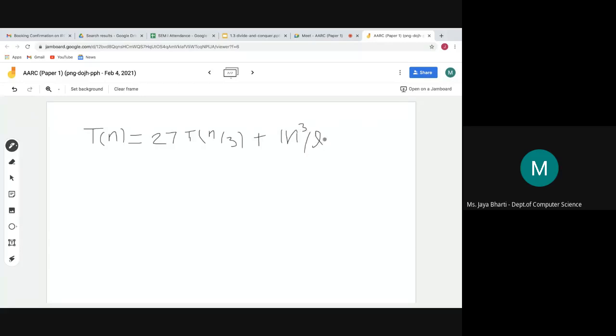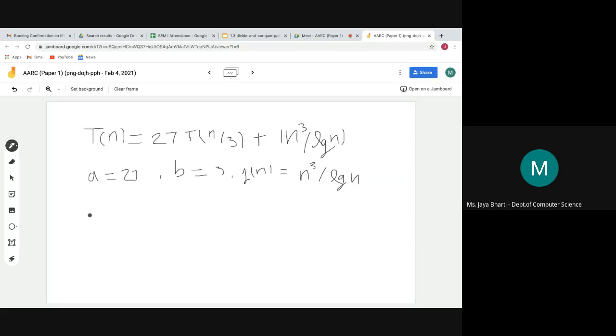This is a different type of recurrence relation. So a is 27, b is 3, everything is normal except f(n). So f(n) is n cube divided by log n.